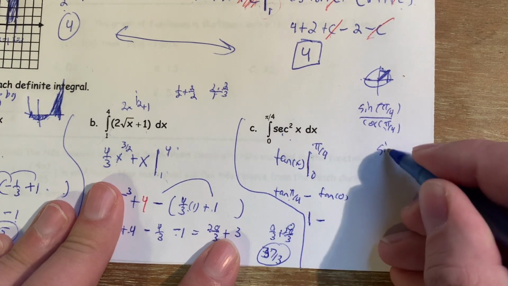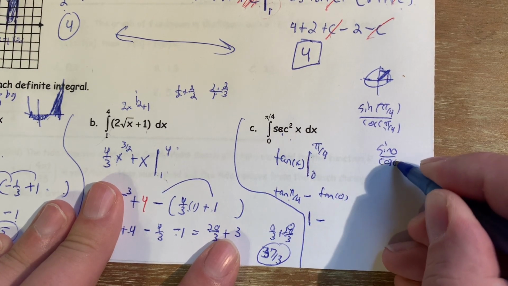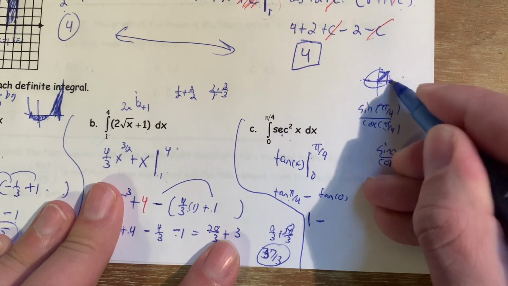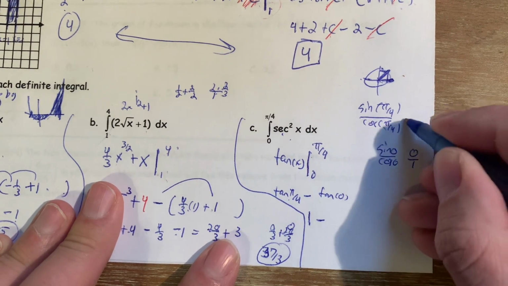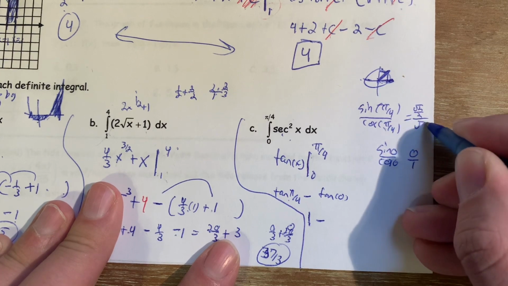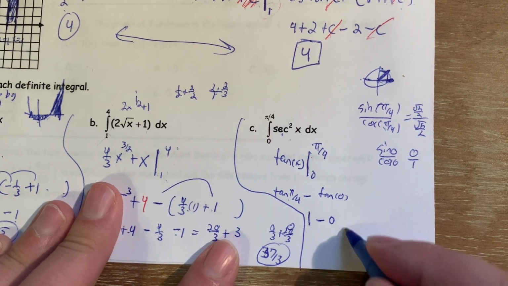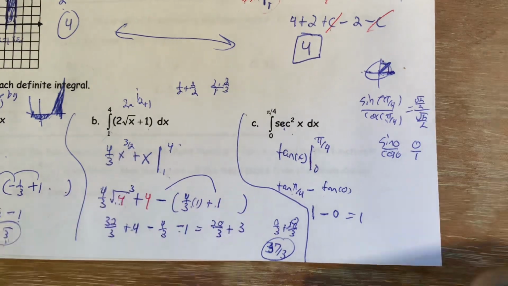Tangent of 0 is sine of 0 over cosine of 0. Sine of 0 is 0, cosine of 0 is 1, so that's 0. And so 1 minus 0 is 1. That's crazy. The integral of secant squared.